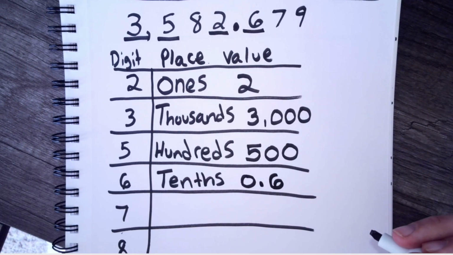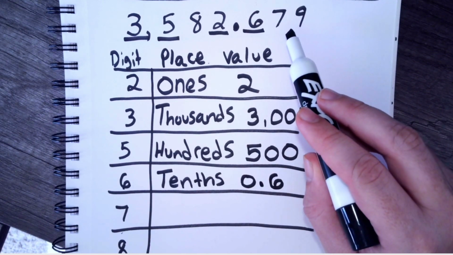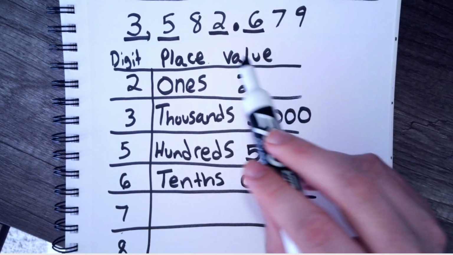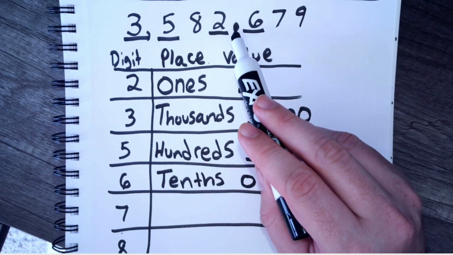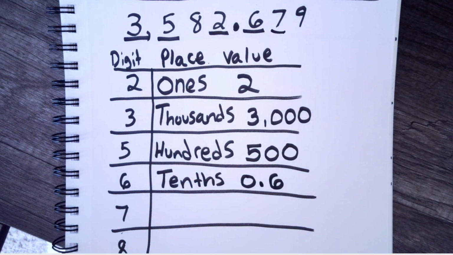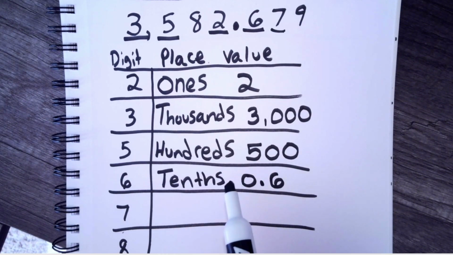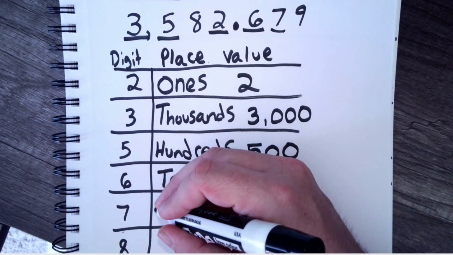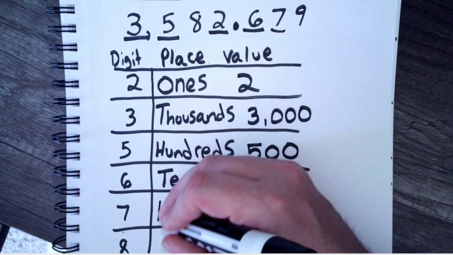Okay. Now the 7. We see the 7 is right after the 6. We have our decimal. We go to the tenths place, and then we find our 7. What decimal place comes after the tenths? That would be the hundredths.